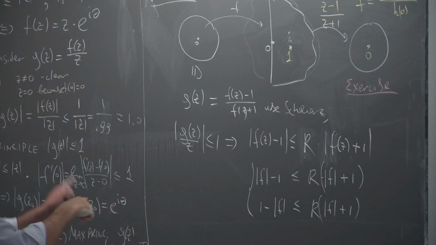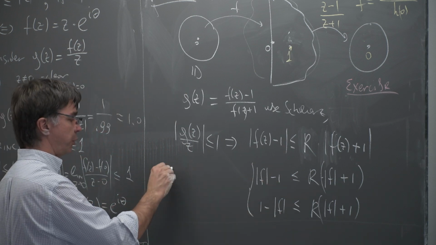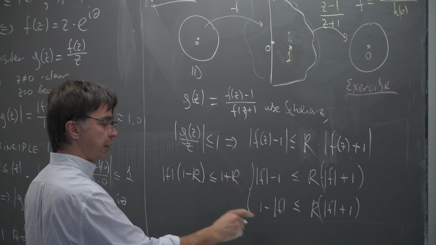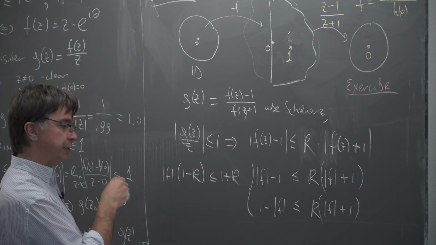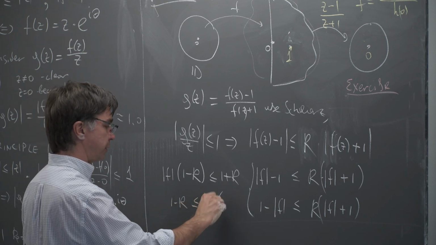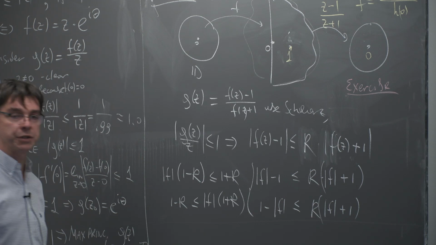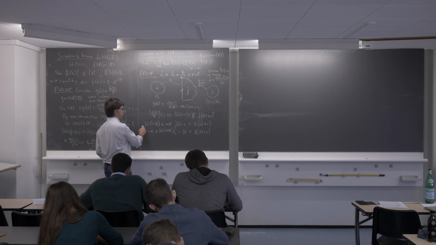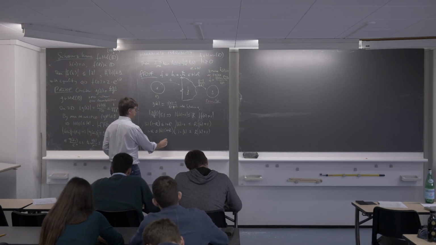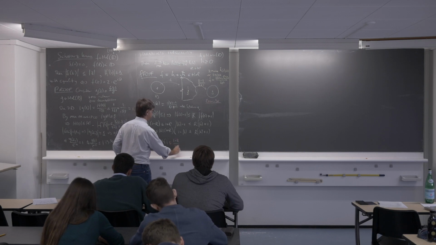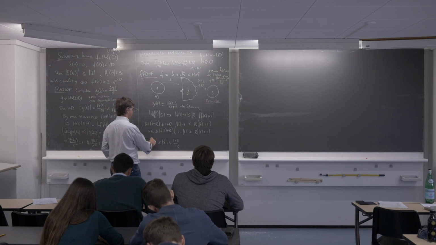The first one, if I move it around, gives the absolute value of f times 1 minus r is at most 1 plus r. The second one gives 1 minus r is at most the absolute value of f times 1 plus r. So that's what we need. I get that the absolute value of f is at most (1 plus r) over (1 minus r), and at least (1 minus r) over (1 plus r).